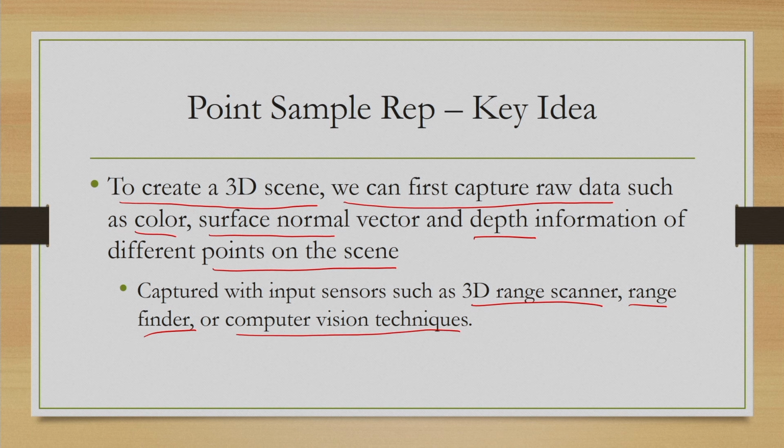So, using those devices and techniques we can capture raw information about a 3D scene, namely the color information or the surface normal information or the depth information at different points in the scene.